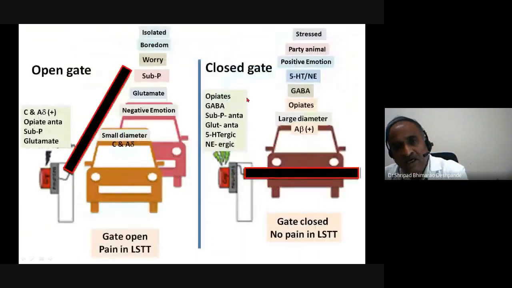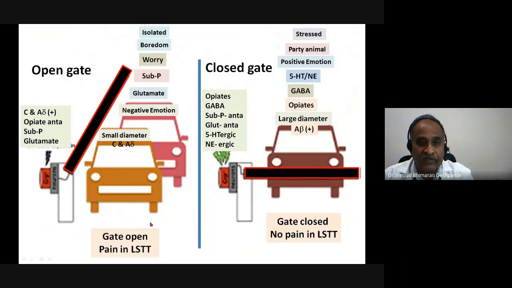Here we see a number of factors that influence the opening and closing of the gate. So now, what are the conditions which keep the gate open? That means pain traffic continues to reach the brain, so the pain in the lateral spinothalamic tract continues to reach the brain.